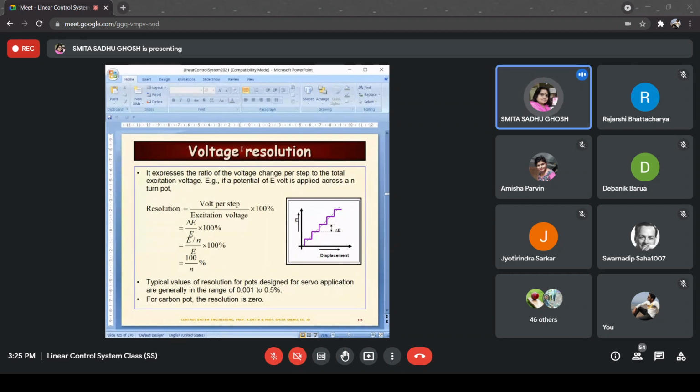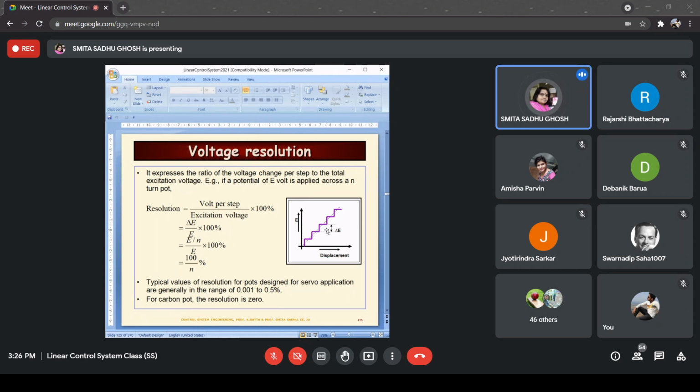Voltage resolution is defined as the voltage change per step, delta E, divided by the total excitation voltage, E, into 100. So delta E by E into 100, as a percentage, will give us our resolution. Now, as far as delta E goes, if we have a coil which has a smaller number of turns, then how much will each of these delta E values be?